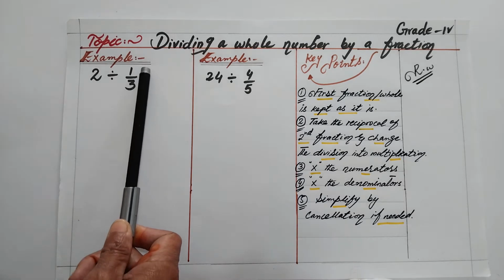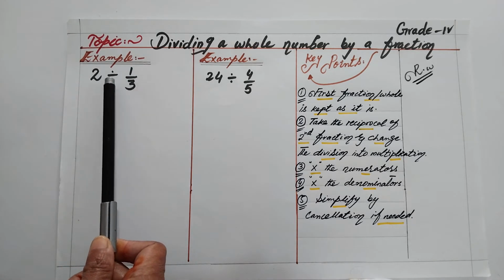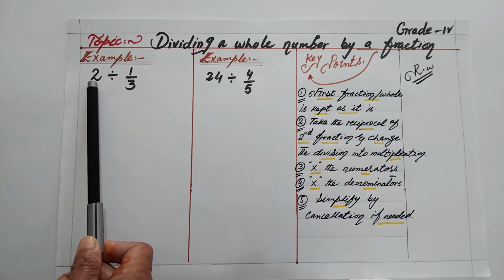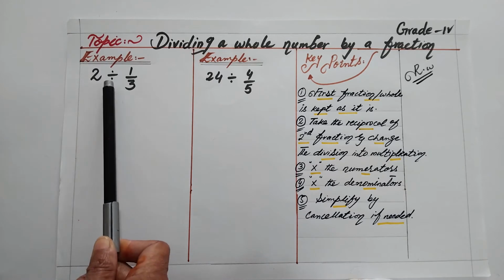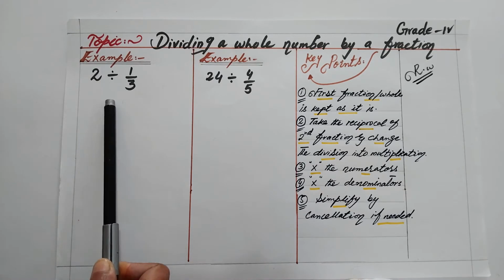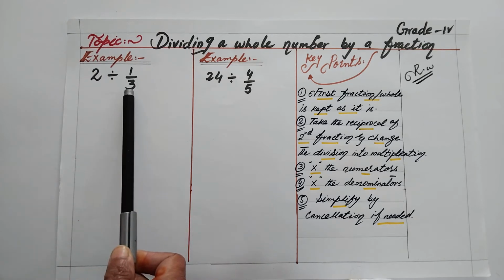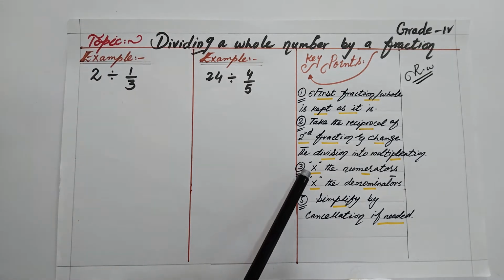So the first number will be as it is, then you will change the division sign into multiplication and take the reciprocal of the second fraction.